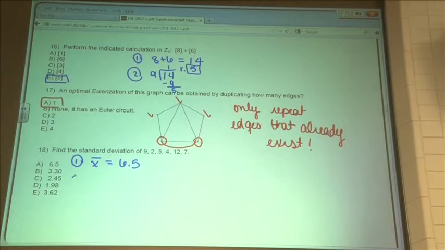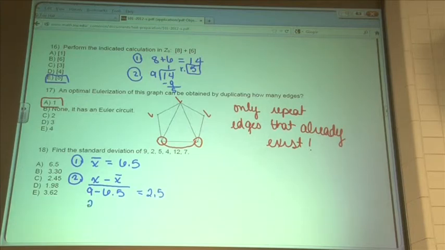Okay. Step 2. You take your value, x, those are all the numbers from the chart, minus x bar. So the first one, we do 9 minus 6.5, and you get 2.5.